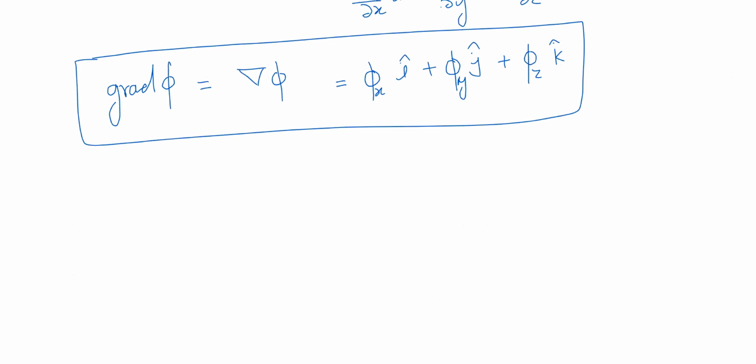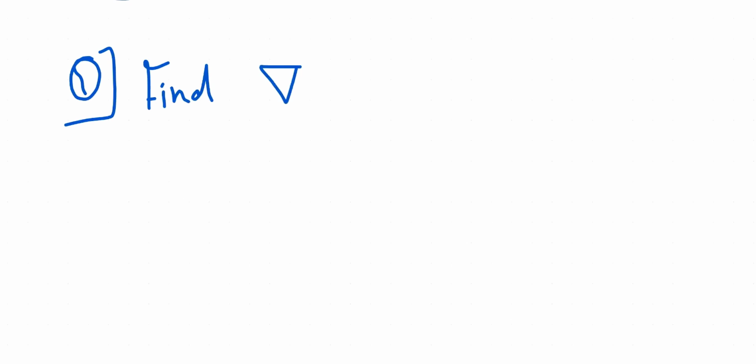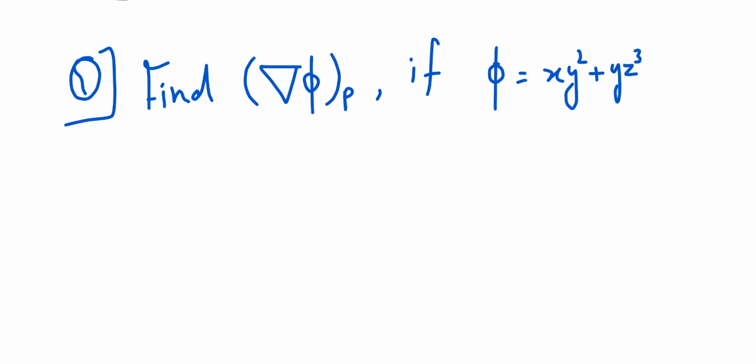Okay. You have this question. The question is: find the gradient of phi at point P, which is given to us, if phi is equal to x into y square plus y into z cube, and P is (1, -1, 1).